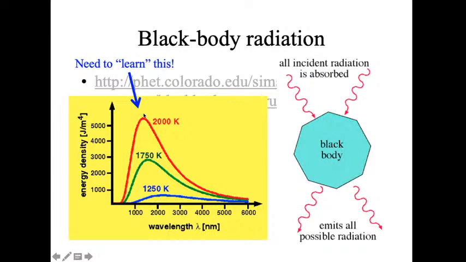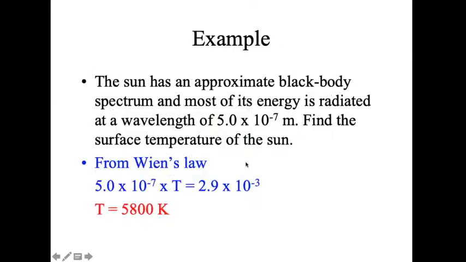So each of these lines really is representing a different black body that's going to be absorbing and emitting different wavelengths, right? And they'll each have their specific peak wavelength. So the sun, 5,800 Kelvin from Wien's law and its color, or the visible radiation wavelength that we see it primarily radiating.